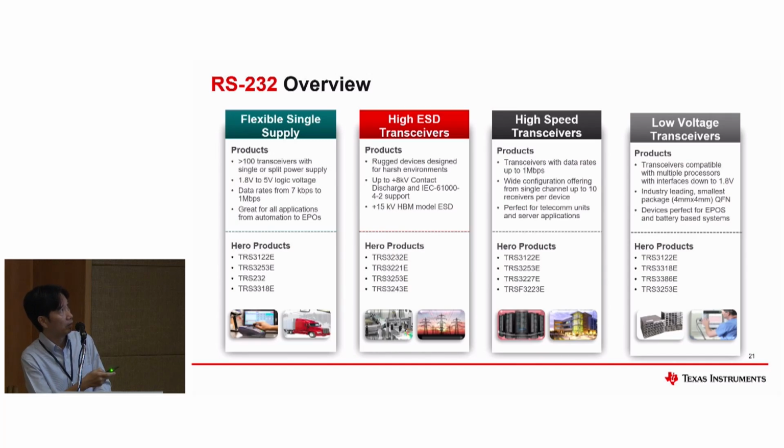And the high ESD transceiver, which has ESD integrated to support high ESD protection. Or you need the high speed transceiver, where the data rate can go up to 1 megabit per second, and also the low voltage transceiver. Those are the 4 RS-232 product groups that we classify into.